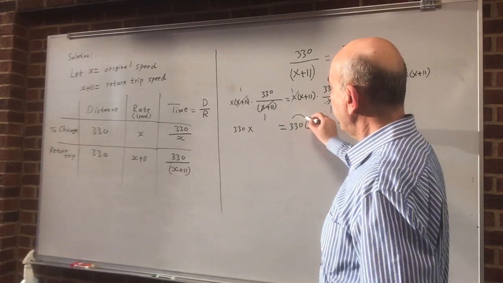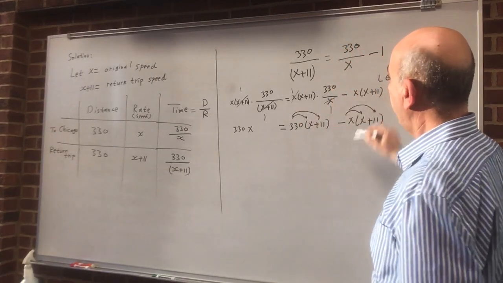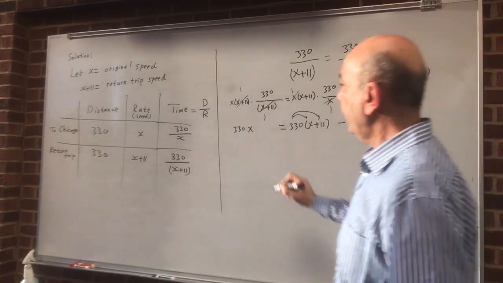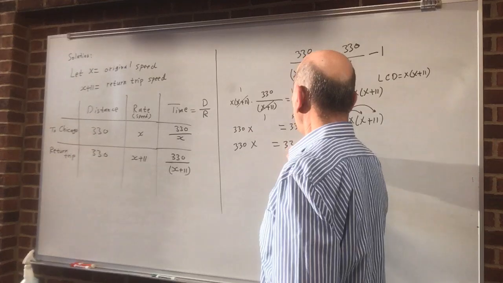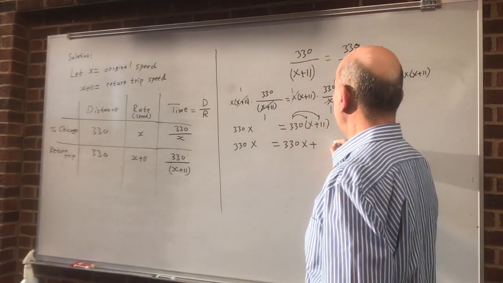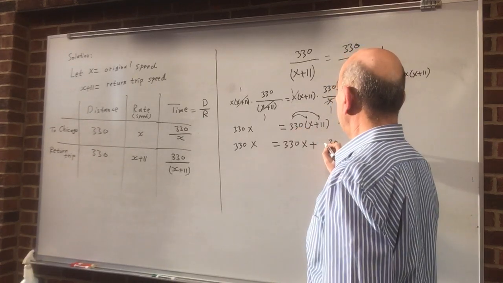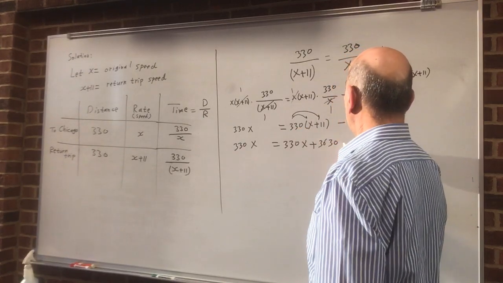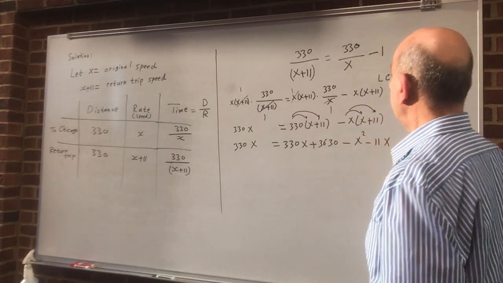Here use the distributive property, also here. So 330x equals 330x plus, multiplying these two numbers together, 3630, minus x squared minus 11x.